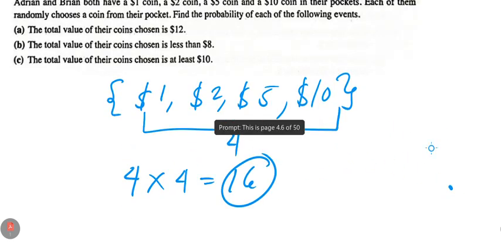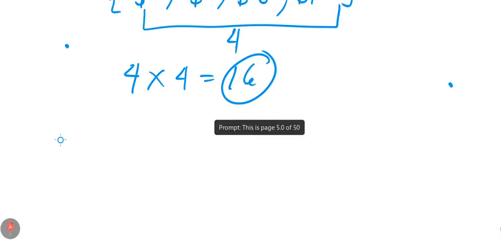Now, let's try to answer the first one. To get the total value, I think we just need to show the table to make it a little bit easier.